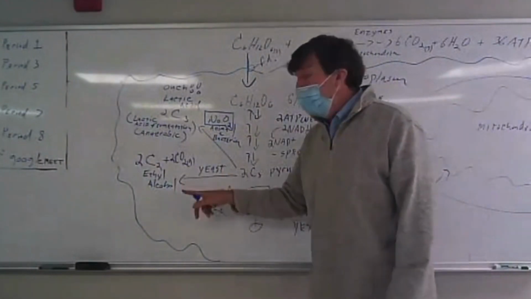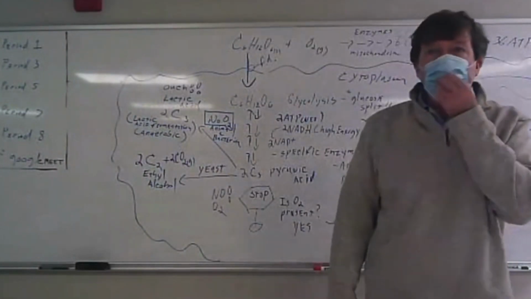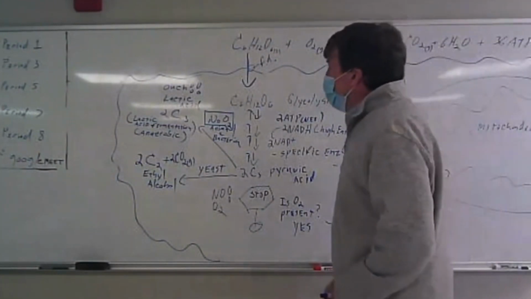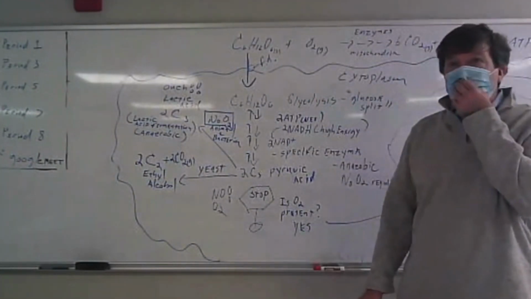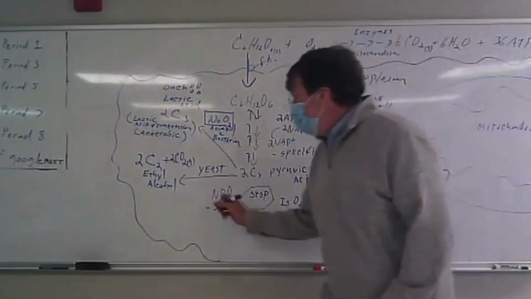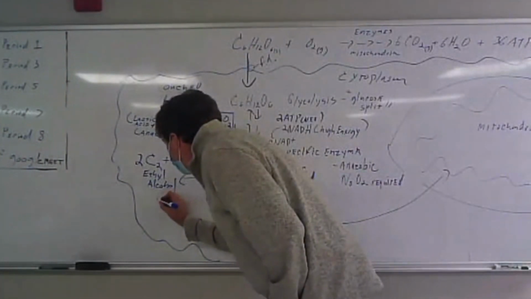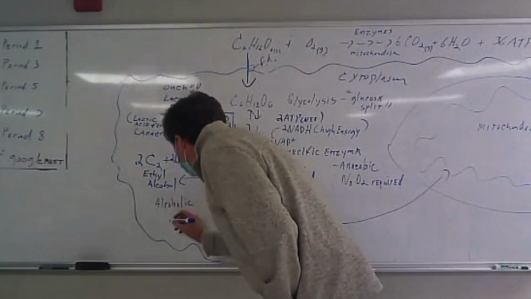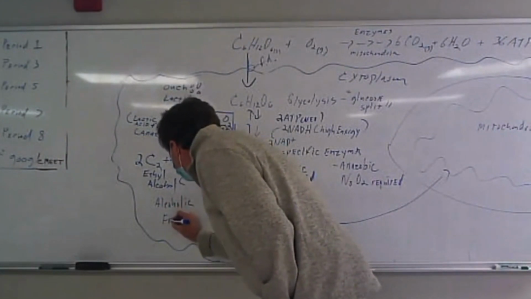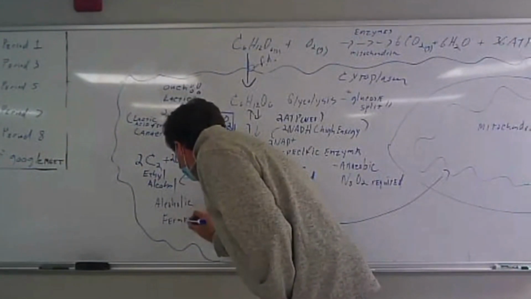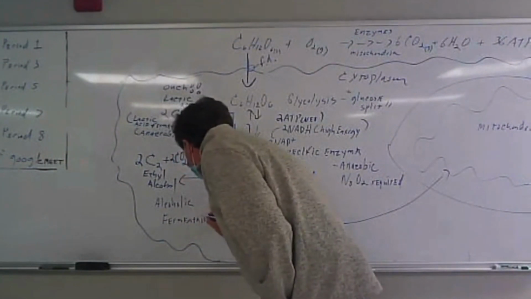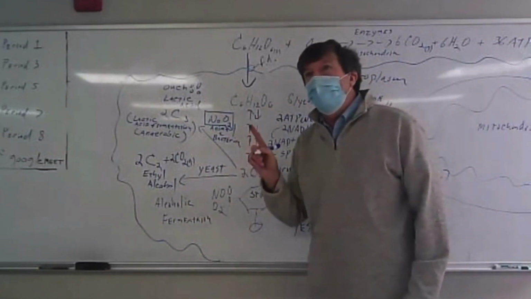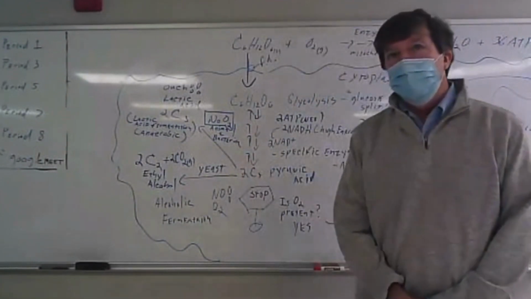Okay? So make a note, ethyl alcohol. That's the alcohol in beer and wine and spirits. And this is alcoholic fermentation. And this is how beer and wine production occurs.